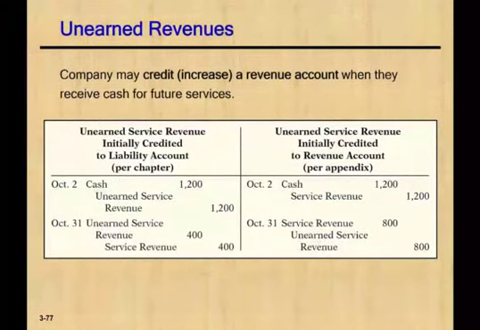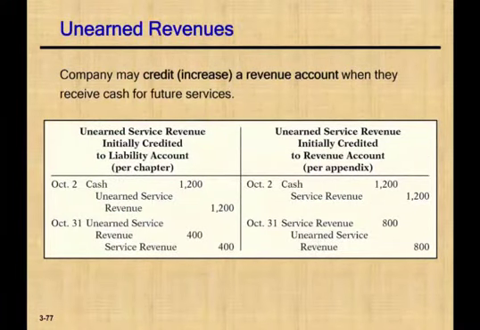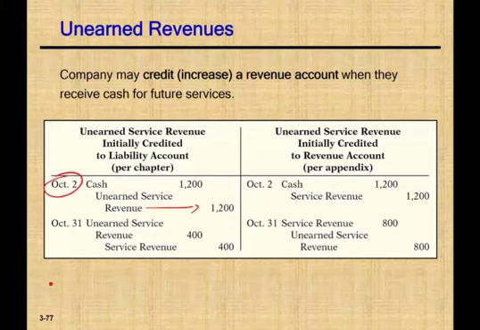And for revenues, we use the same concept. Under the traditional method, I will do the T account and show you how it works. First, we receive the cash October 2nd for services to be performed. So we have unearned revenue and we have 1,200. Then at the end of the period, we earned 400.